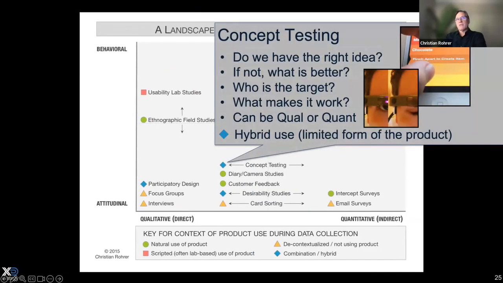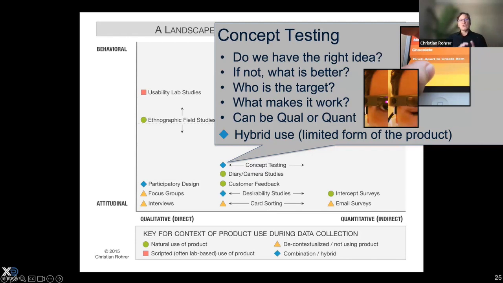Concept testing is a good example of a hybrid methodology. This is where we show the user a limited form of the product or service. It could be an illustration, it could be a description, it might be a video, it could be a prototype, but it's not fully functional and it's not fully interactive per se. It doesn't have to be fully interactive. And it allows us to understand, we're not looking at the usability of the product or the idea.